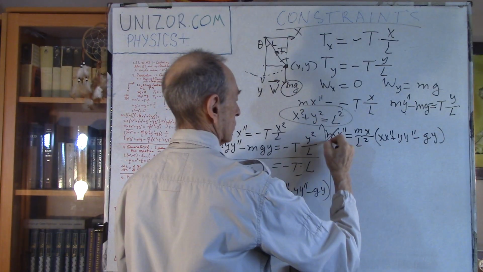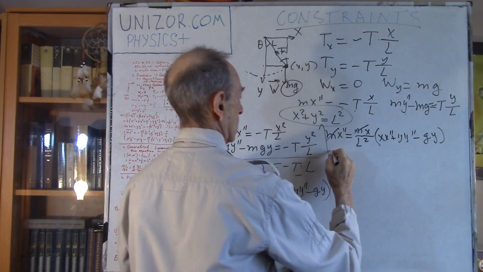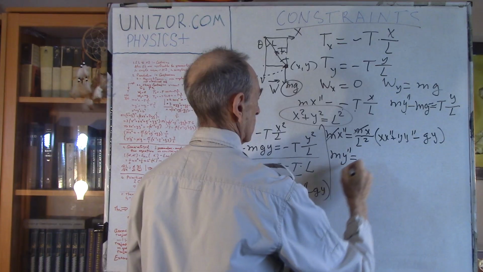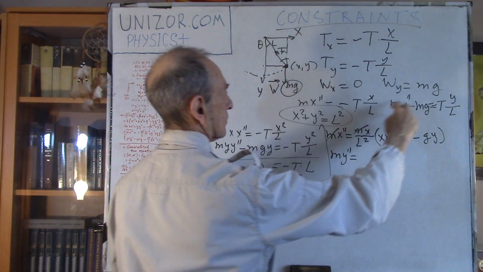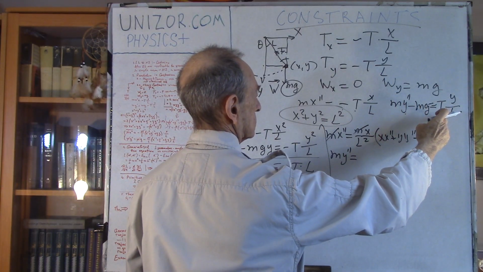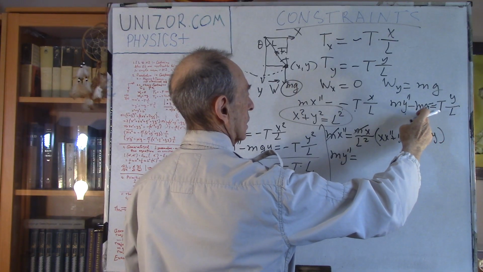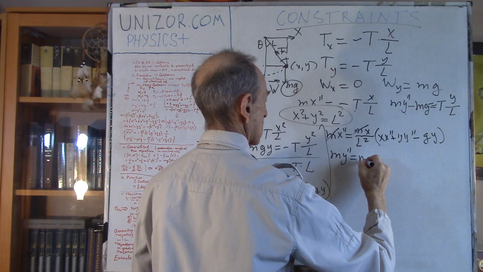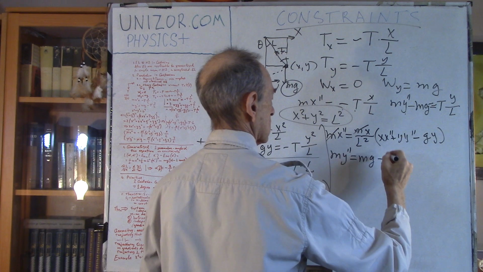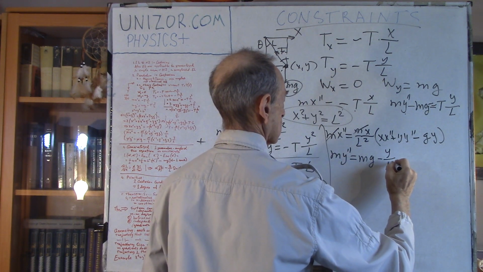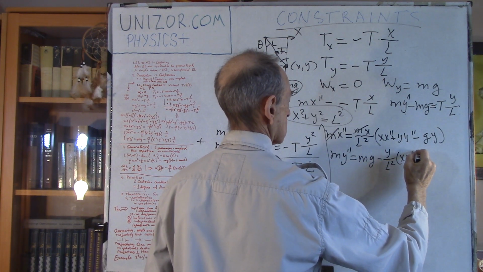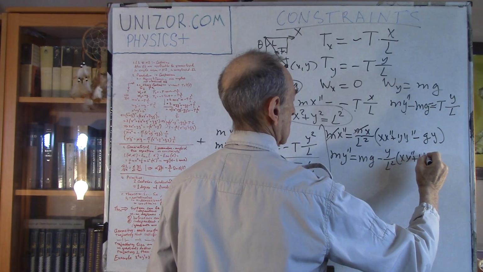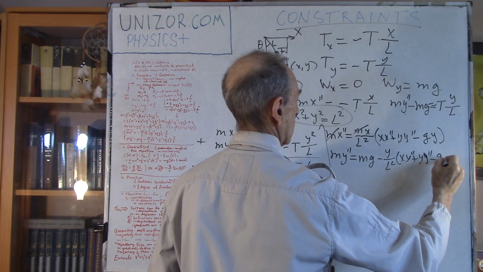And we can get rid of m. Now y double prime would be equal to mg minus T, so it's mg minus something like this, y over L squared times x double prime plus y double prime minus gy.